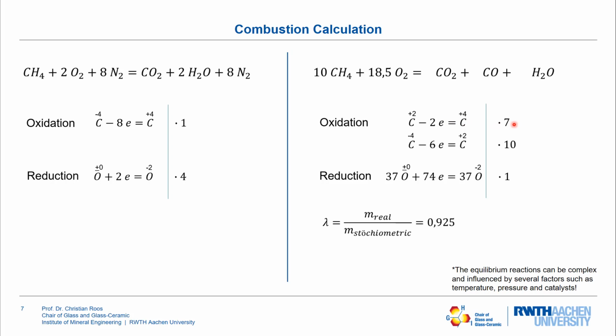These 7 molecules of CO2 are subtracted from the 10 molecules of carbon monoxide, CO, and this gives us in the total equation 7 molecules of CO2, 3 molecules of CO, carbon monoxide, and then we can calculate 20 molecules of water. Now, this is the example of a more complex combustion equation.